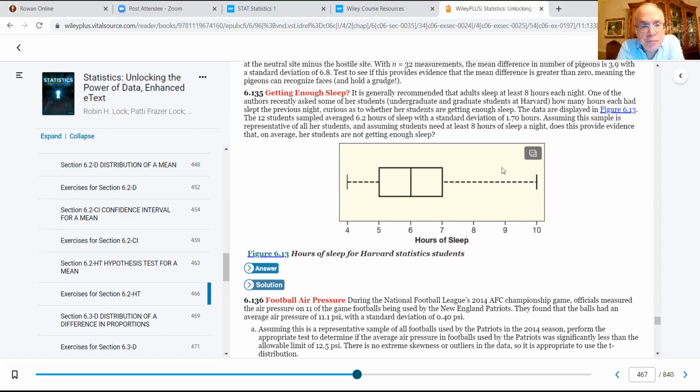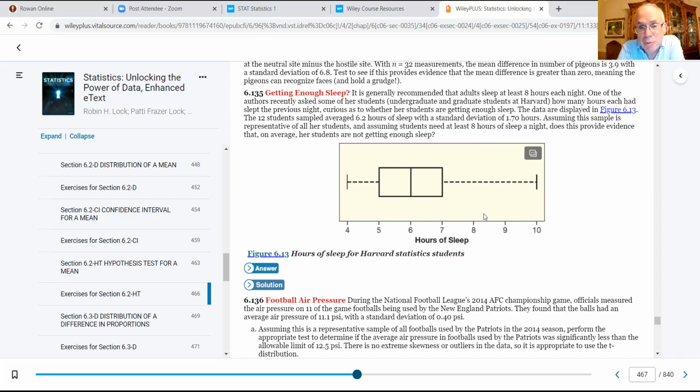Now, we do have to actually assume here, because there were only 12 students that were randomly selected for the study here. We do have to assume that the population is normally distributed, because the sample size is 12, all right? And this is really not normal looking here. It's not, all right? This is more skewed.